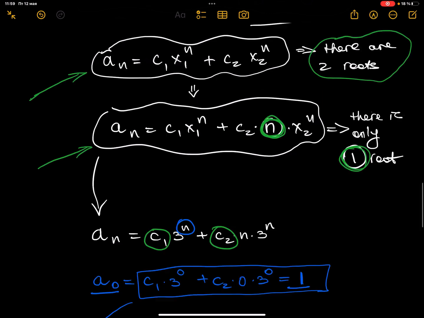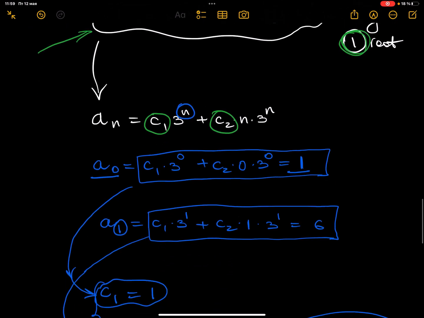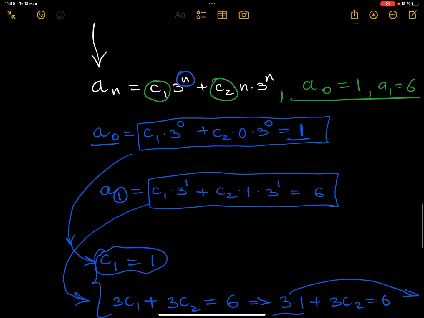So then we substituted our x with 3, but in that case we also needed to find c1 and c2. For this we had our initial values a0 equal to 1 and a1 equal to 6. So we need these values to find, at the end of our solution, our coefficients. Instead of n we put 0, and we got an equation.